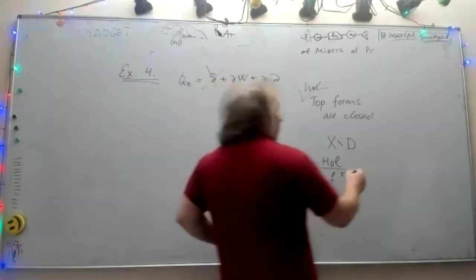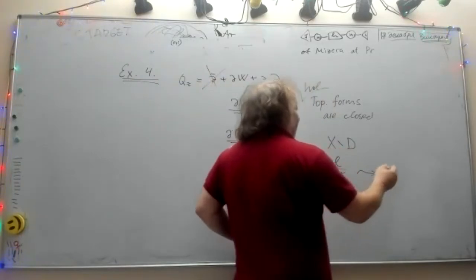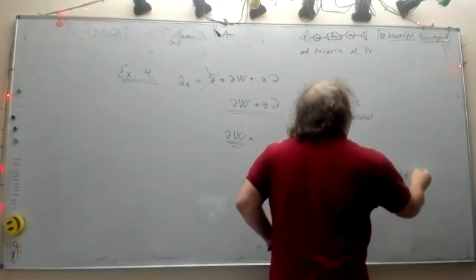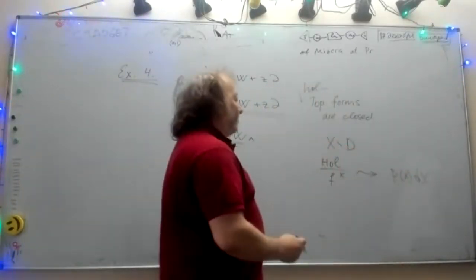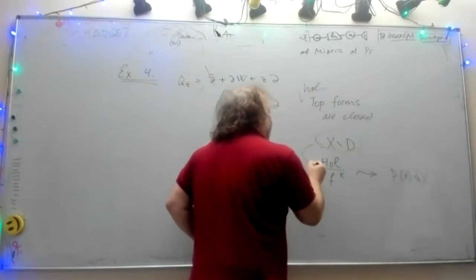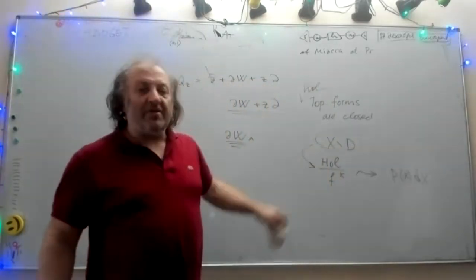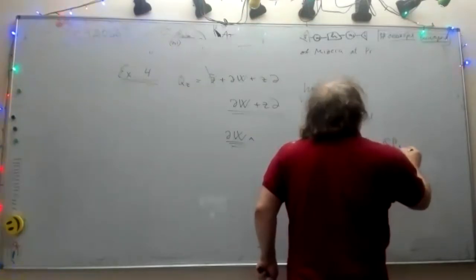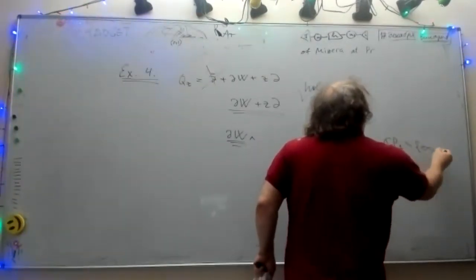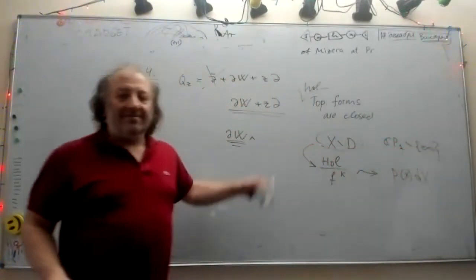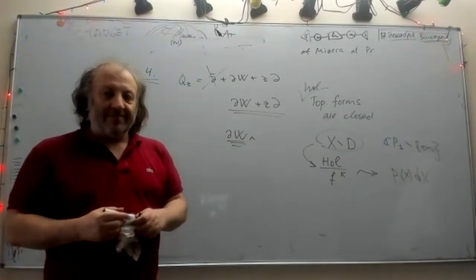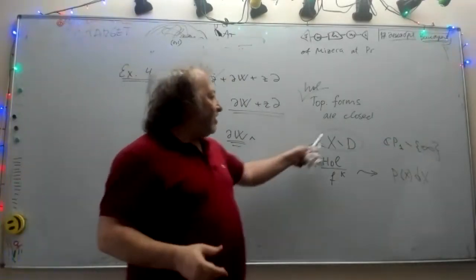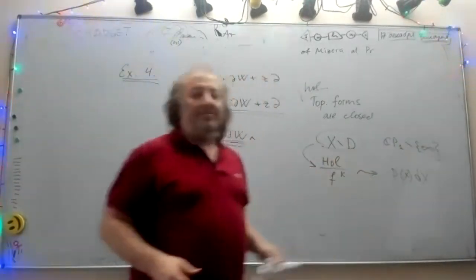This corresponds to a polynomial of x times dx. So that's how I write it in an invariant way, and that's how I write it in the example CP1 minus infinity. So that is the general case example.